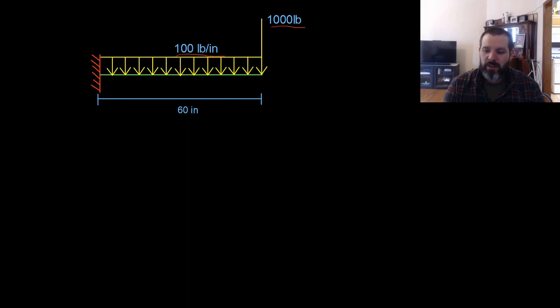Now, in all of statics, all the forces and the things we do, you can use the theory of superposition. The theory of superposition allows you to do two things separately and add them back together. We could go through and find the reaction forces for both the 100-pound per inch force and the 1,000-pound force and add them together and get the total reaction forces.